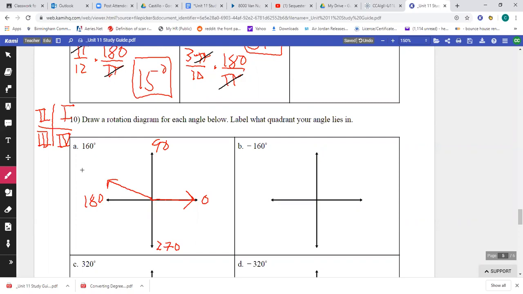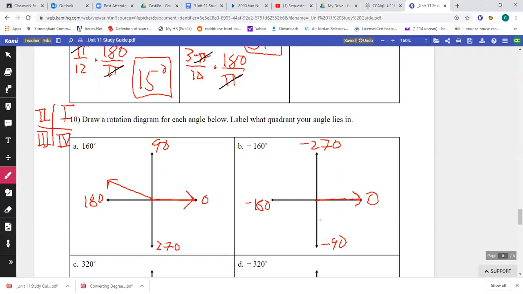But if you have negative 160, remember we talked about this week, that if you went negative, you're going in the clockwise direction. Okay. So your first ray always starts there, but if you're going negative 160, now we're going this way.